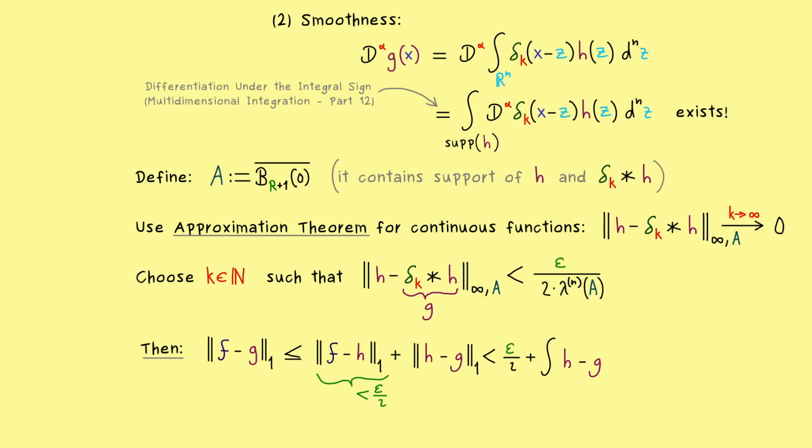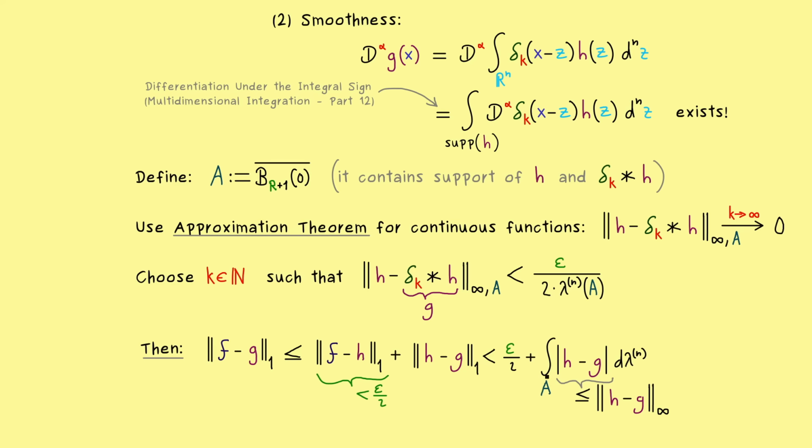So you know it's simply the integral over R^n of the absolute value. However, we don't have to integrate over the whole R^n because we already know that all the supports lie inside our compact set A anyway. And now clearly we can just estimate the integral by using the supremum norm inside. Of course, at every point, the supremum norm of h minus g gives a bound. And there we have it.